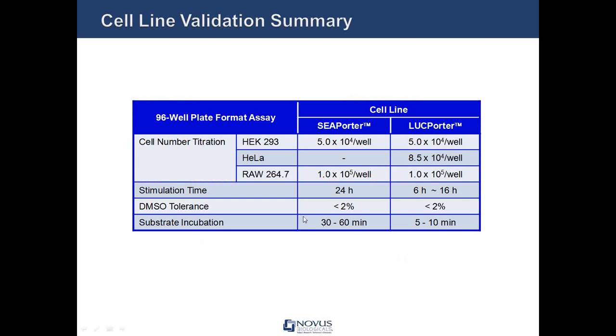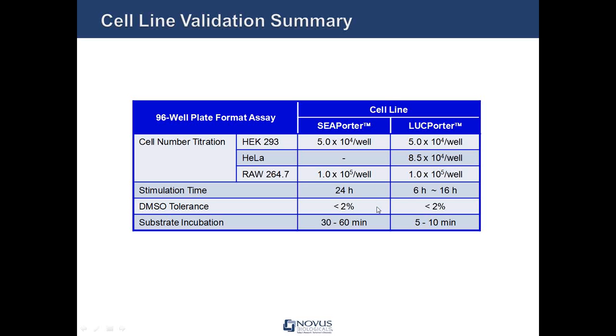If I summarize, cell number titration for HEK293 host cell-based cell lines is 50,000, HeLa cell 85,000, and RAW cell 100,000 per well in 96 well plate format.